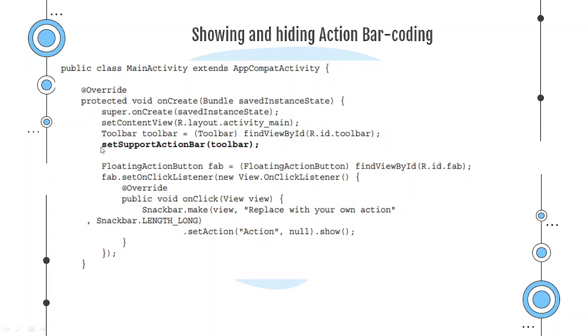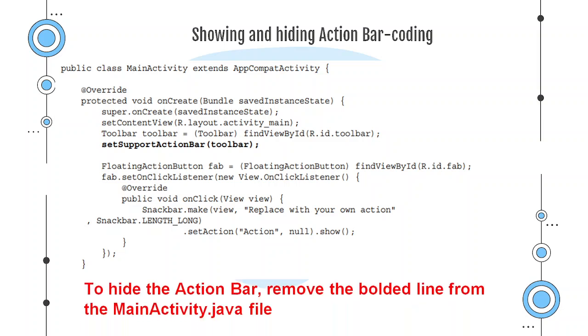In this line, setSupportActionBar, within brackets you are giving a toolbar. If you are missing this line in your coding part, the action bar will not be shown in your output. So the method which is used to show or hide an action bar is setSupportActionBar.